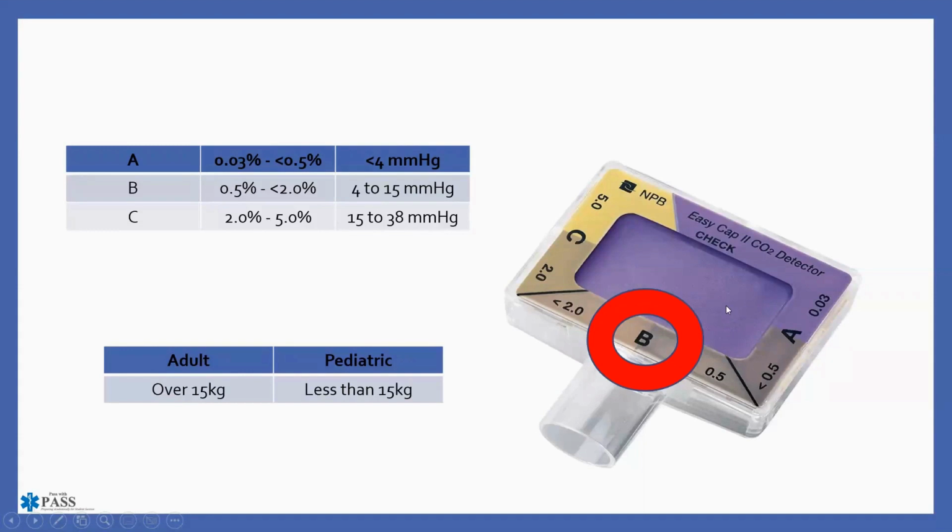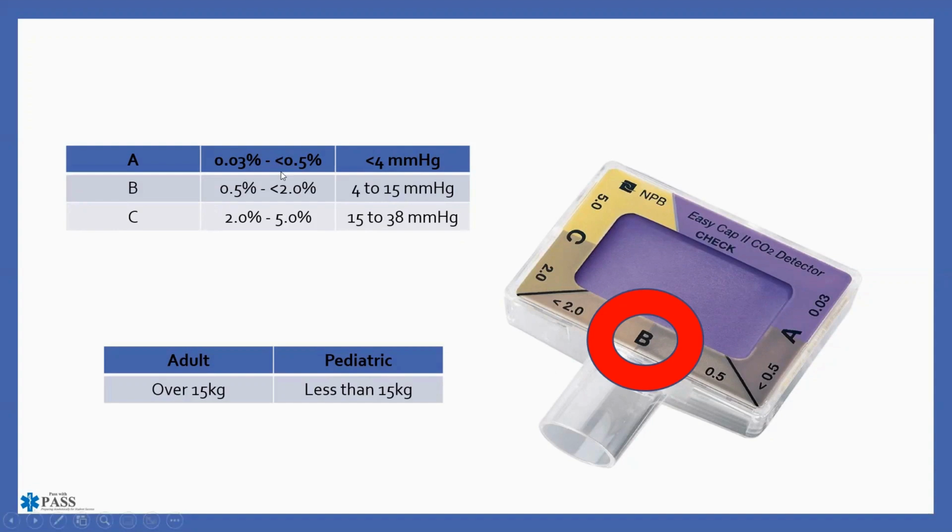What color is the paper in relation to this key out here on the edge or the perimeter? So if your paper color is over here in this A, it's dark purple, and it matches up to this purple, that gives you a 0.03 to less than 0.5% of CO2.